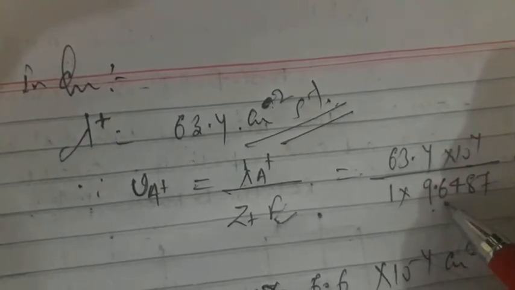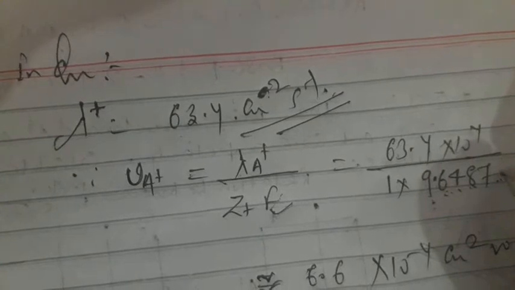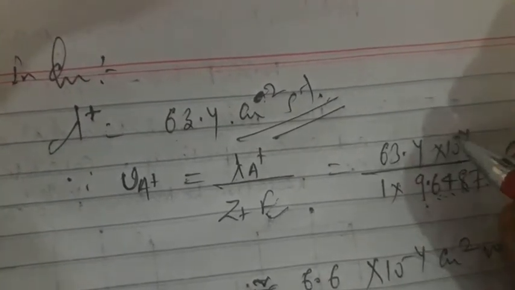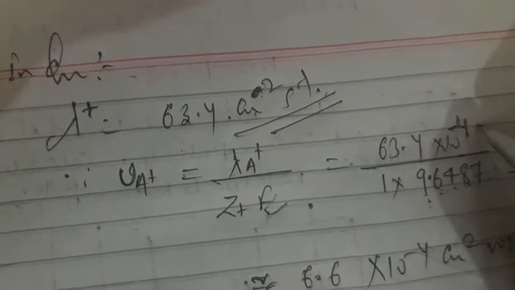And F is in coulomb, that is 96,487 coulomb. This is written as 9.6487 into 10 to the power 4, that is in the denominator, and the numerator becomes 10 to the power minus 4, and lambda is given 63.4.